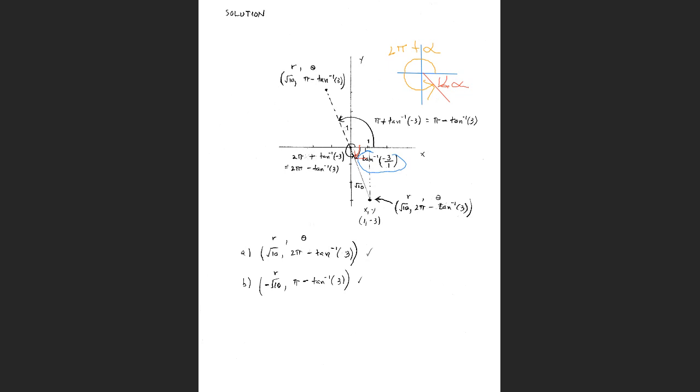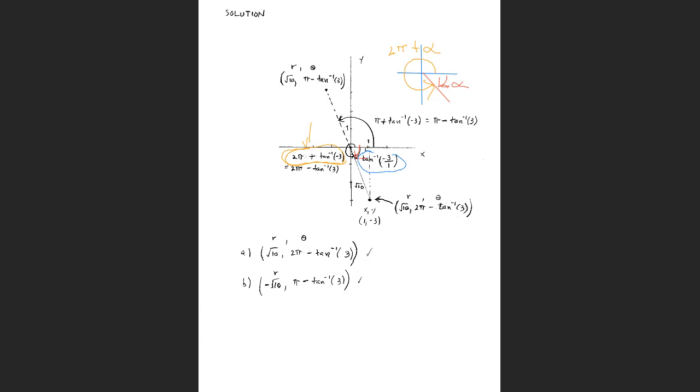So what we have in our pictures is 2 pi plus the arctangent of -3. And that's an acceptable answer.